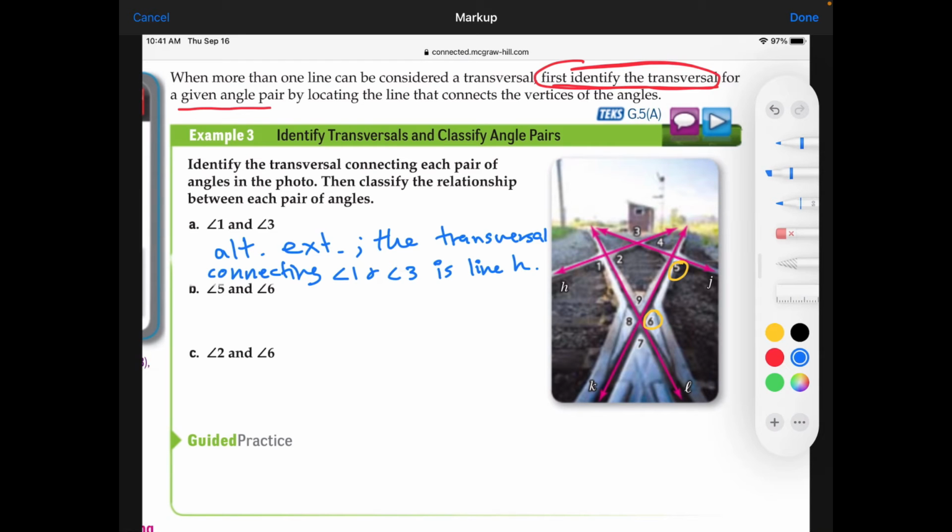So we've got this one to be the transversal, and these are also connecting those angles. So there we go. We can see that 5 and 6 are in the interior and on the same side of this transversal. So this would be same side interior or consecutive interior angles, okay?